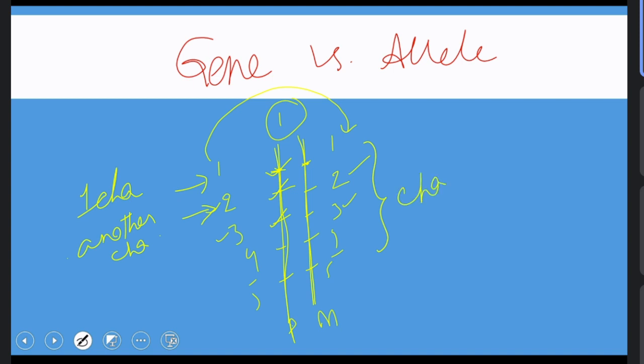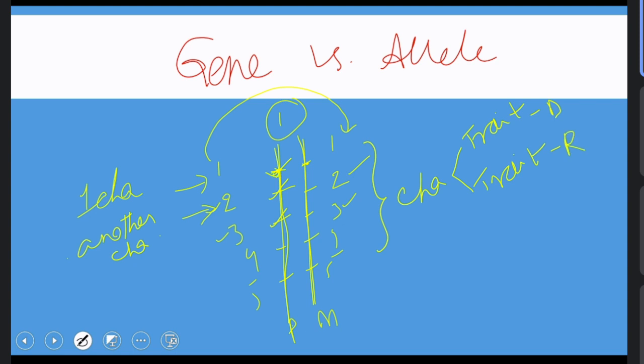But we know that Pisum sativum is a diploid individual. The character has two alternate forms, which we call traits. One of which is dominant, the other is recessive.